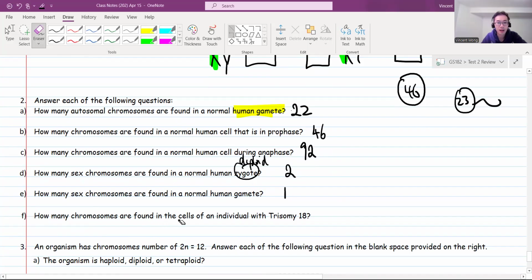How many chromosomes are found in the cells of an individual with trisomy 18? Hey, someone help me with this one. Trisomy 18, how many chromosomes?